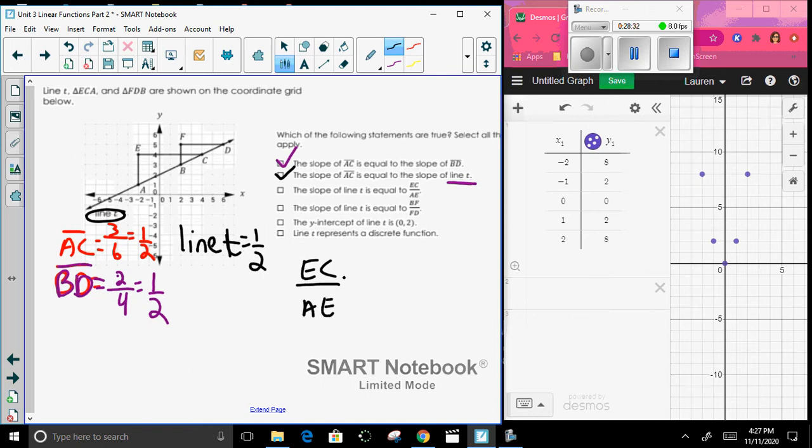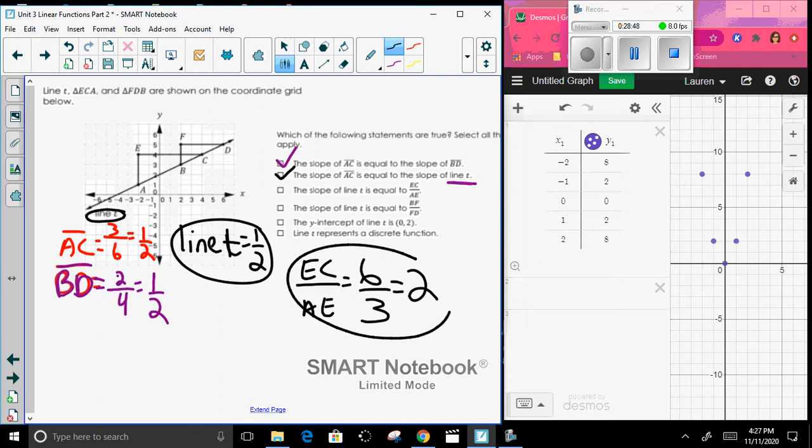So I have 6 units long for EC, and line AE, oh, that's this vertical one right here. I go up 1, 2, 3 units long, and 6 divided by 3 is 2. So are those slopes the same? Is 1/2 the same as 2? It is not, so that one doesn't apply.